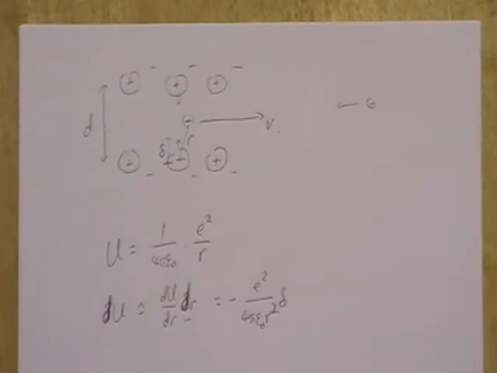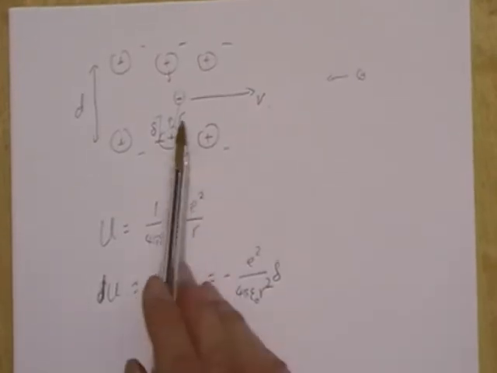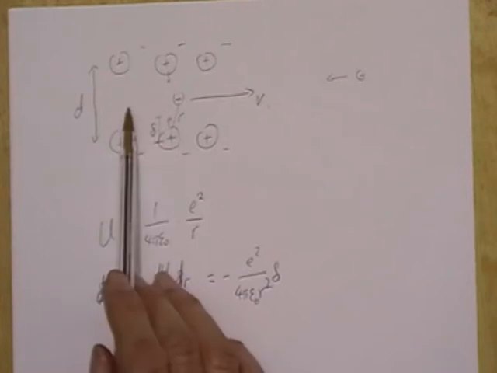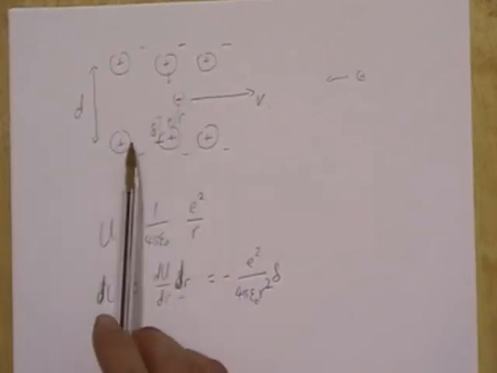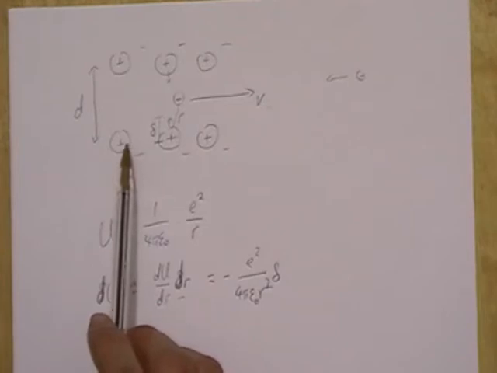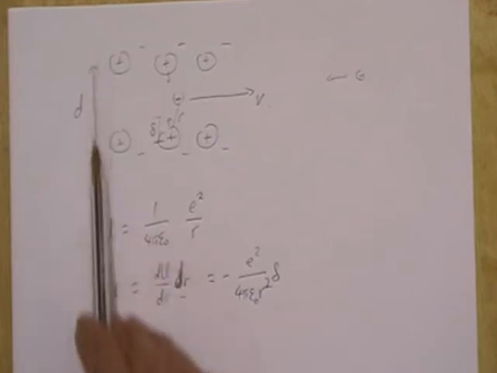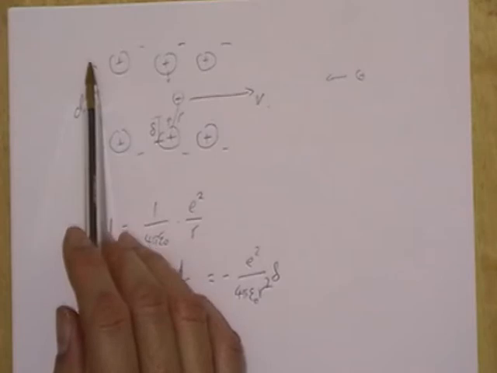Okay, and we're going to say that because the electron would experience this attraction when it is in the neighborhood, we're going to assume a typical neighborhood with a distance of about d.